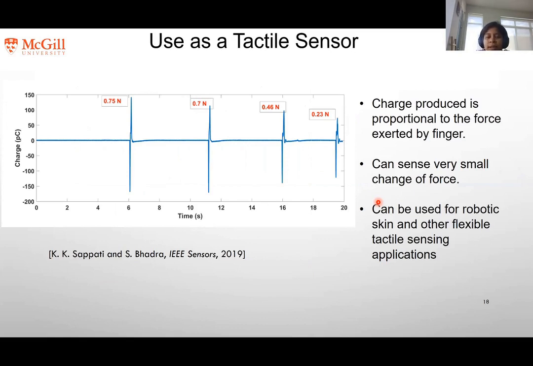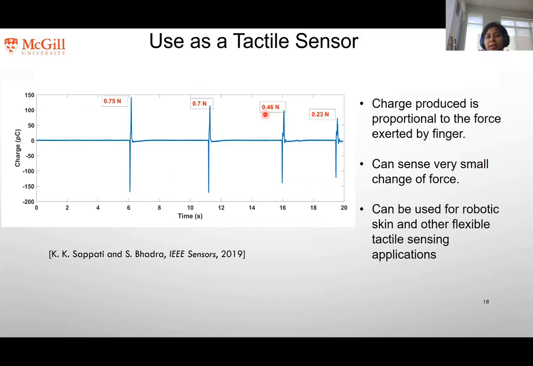And then we touched that film with a finger. We applied different forces by finger, and you can see how the charge response changes. You can easily see that we can sense very small force.